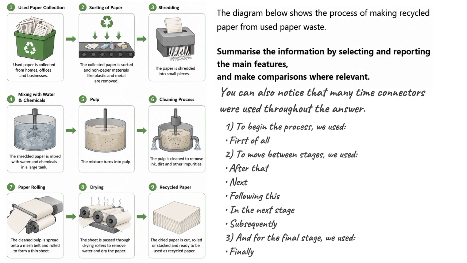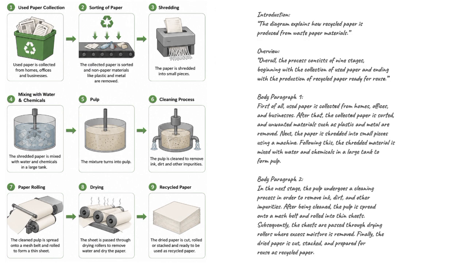To move between stages, we used, after that, next, following this, in the next stage, subsequently, and for the final stage, we used, finally. Using these connectors makes your writing smoother and easier to follow, which can help you achieve a higher band score. This is a complete Band 8 to 9 style answer for a process diagram in IELTS Writing Task 1.